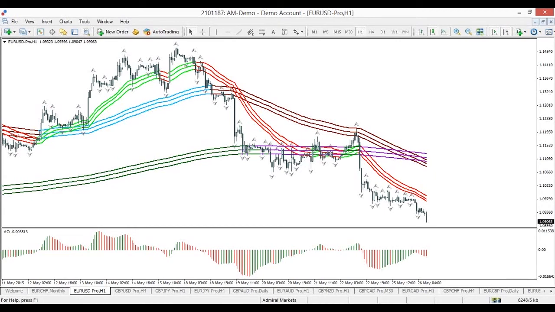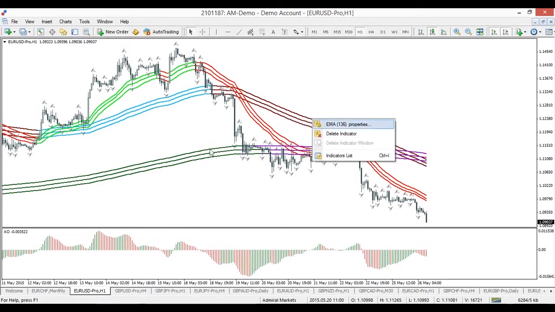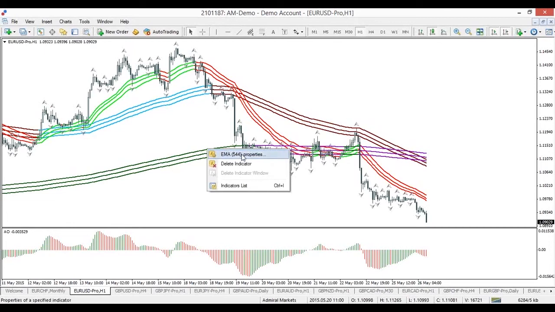Markets are back open. This is the euro dollar 1 hour chart, and let's kick off with our usual euro, looking at the 1 hour chart. So you see three bands of moving averages here in this case. I thought maybe today we can use those three. In this case, it's 34 EMA, but 21 is just as valuable. I use 21 nowadays more often, but 34 in this template, 136 and 544.